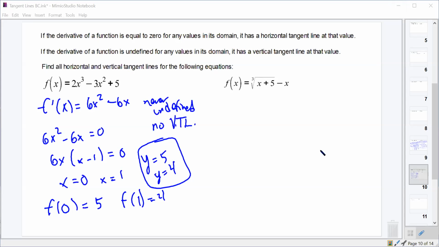All right, so let's do this one. Let's find our derivative. f prime of x, derivative of cube root of x plus 5, that's x plus 5 to the 1/3, so that should be 1/3 times x plus 5 to the negative 2/3. So we'll put an x plus 5 to the 2/3 in the denominator, and then minus 1. And what makes this undefined?